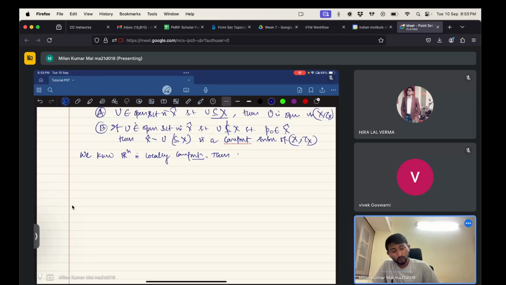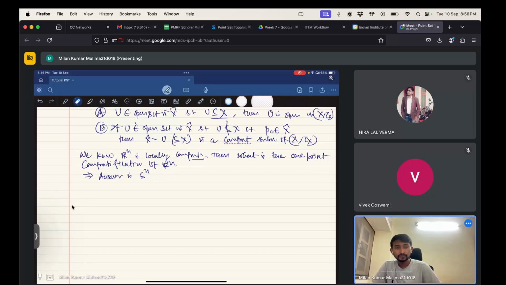Then what is the 1-point compactification of R to the power n? The answer is S n.